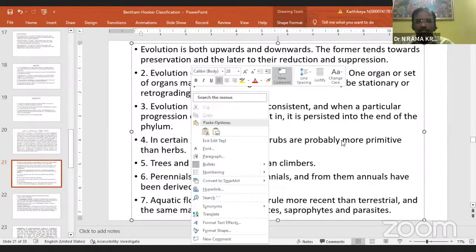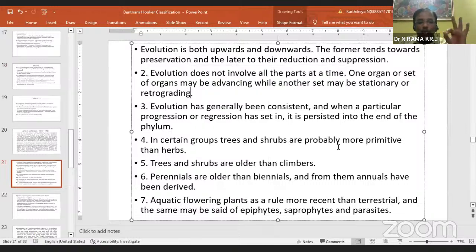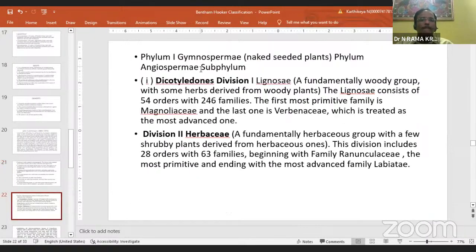The treatment of Magnoliaceae as the starting point in the evolutionary series of dicotyledons is in agreement with the prevalent views. This classification of monocotyledons is well received by contemporary authors. These are all the merits.